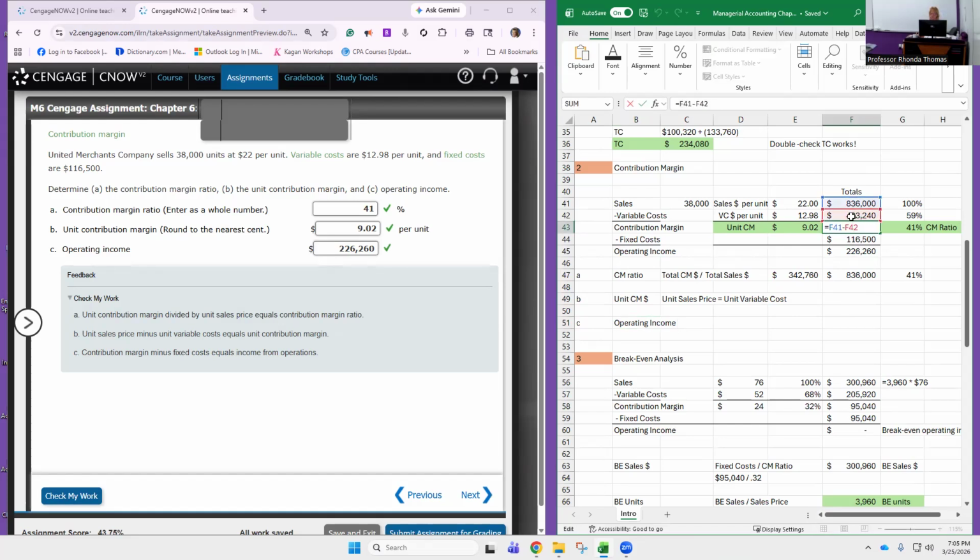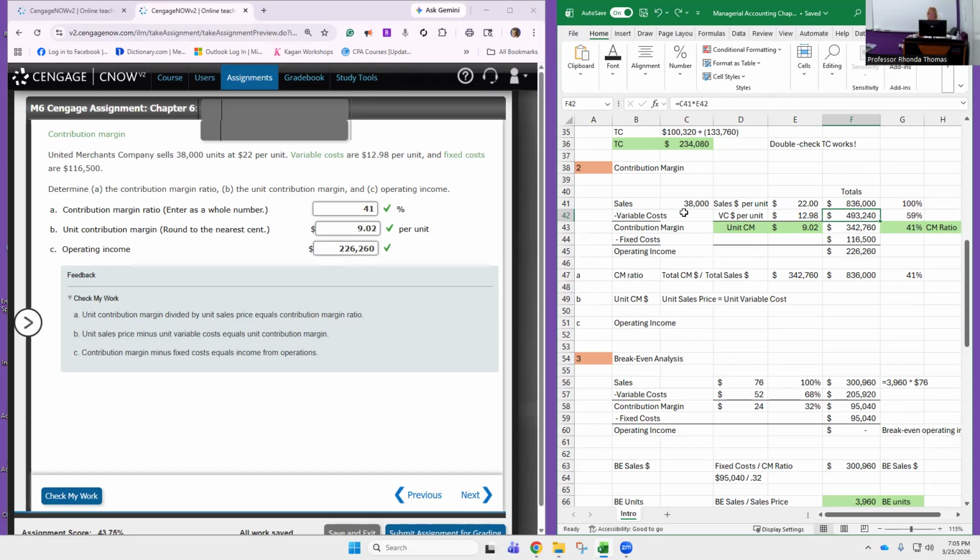I just subtracted it. Now these, I just took times, so $22 times 38,000 units that they sold. $12.98 times, whoop, nope, let me go back.